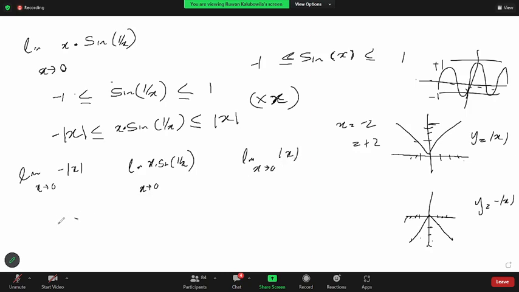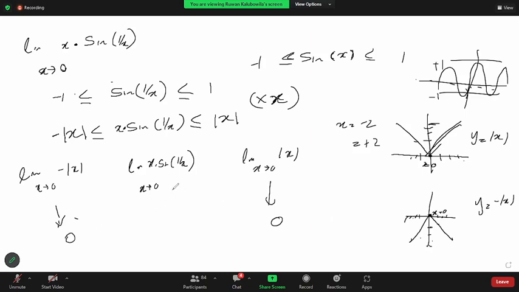Write down the values for this and this. When x approaches 0, what happens to the modulus of x? It goes to 0. When x approaches 0, what happens to negative modulus x? Again, it goes to 0.